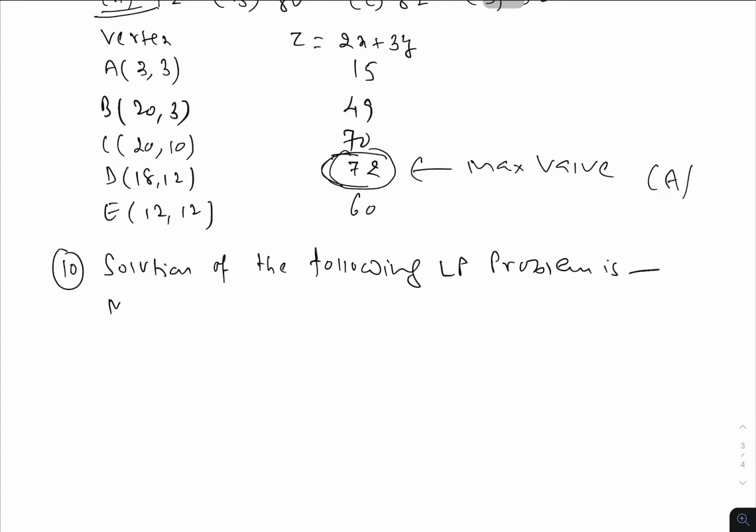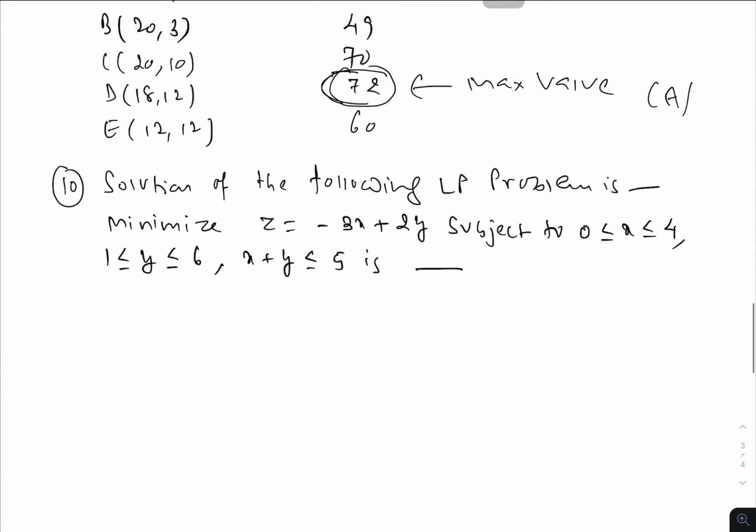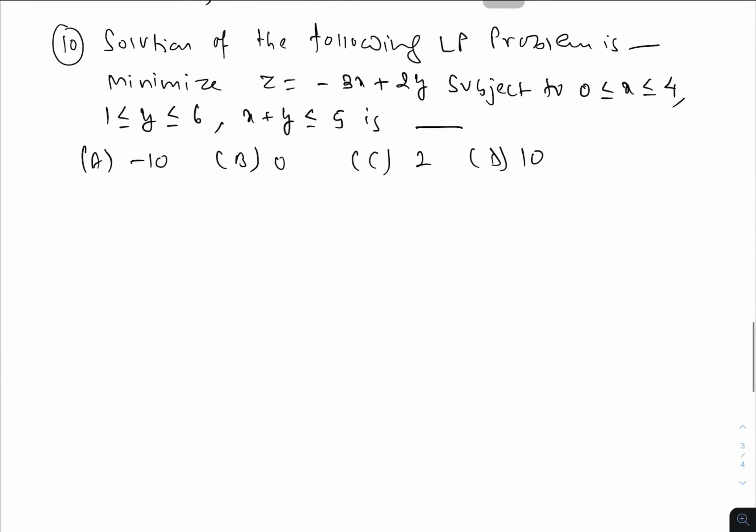The problem is minimize z equal to minus 3x plus 2y subject to 0 less than or equal to x less than or equal to 4, 1 less than or equal to y less than or equal to 6, and x plus y less than or equal to 5. The options are minus 10, 0, 2, 10.